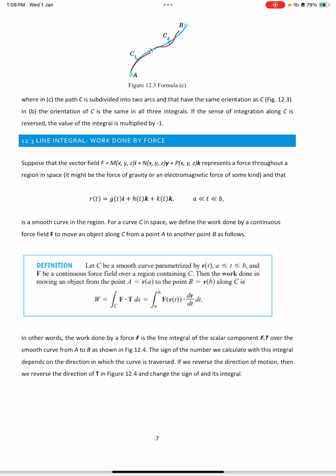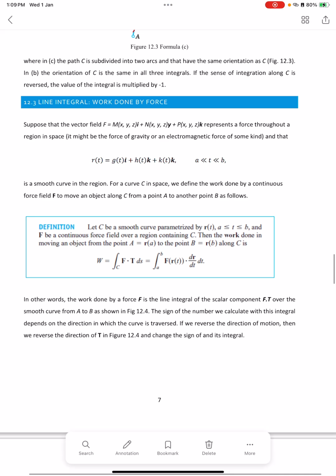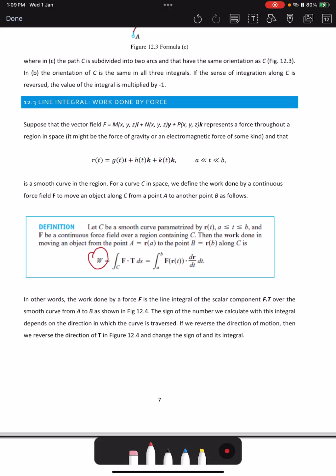Okay, now we look into 12.3, where the concept of line integral is actually work done by the force. So the work done by the force is represented by W across a curve C, where the force needs to be applied with respect to t to move from one point to another point.